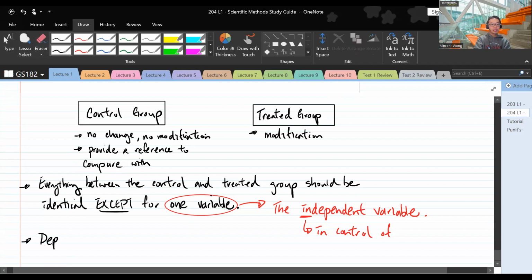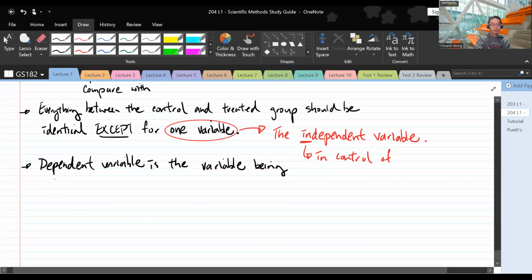So the dependent variable is the variable being measured or observed.